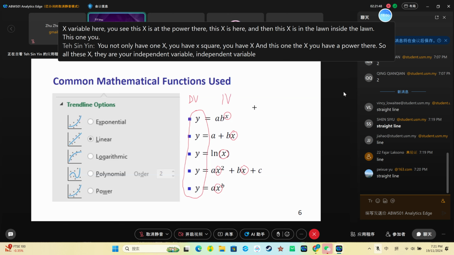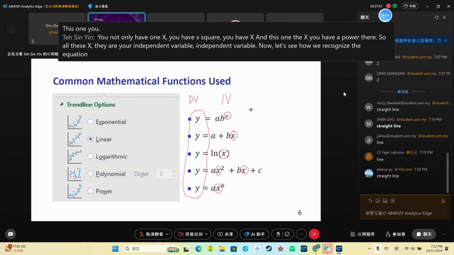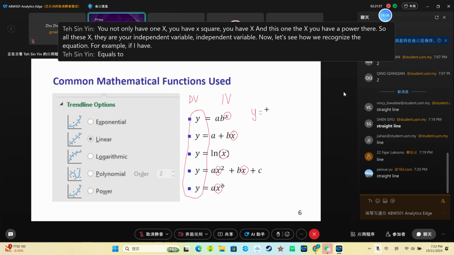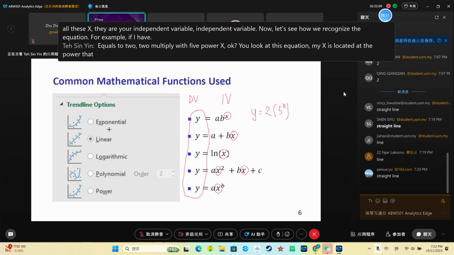Now, let's see how we recognize the equation. For example, y equals 2 multiplied with 5 power x. My x is located at the power. This type of equation, we call an exponential equation.